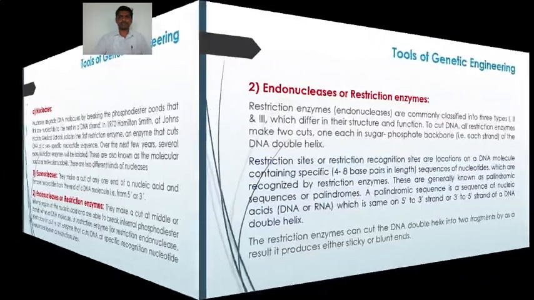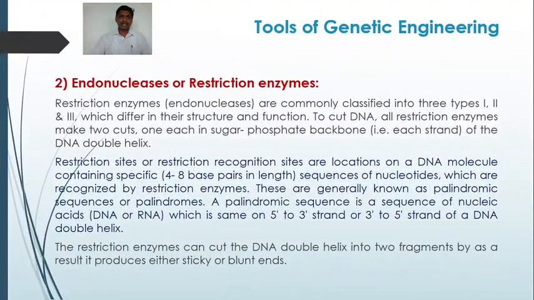Furthermore, restriction endonuclease enzymes are commonly classified into 3 types: type 1, type 2 and type 3 restriction endonuclease. These different types differ in their structure and function.